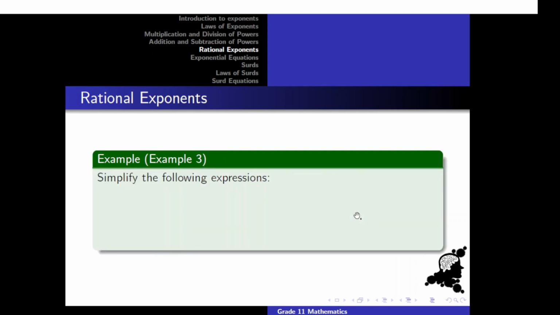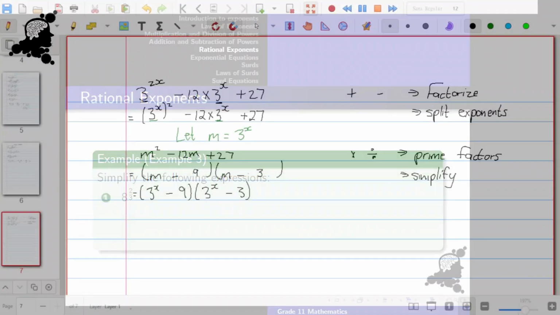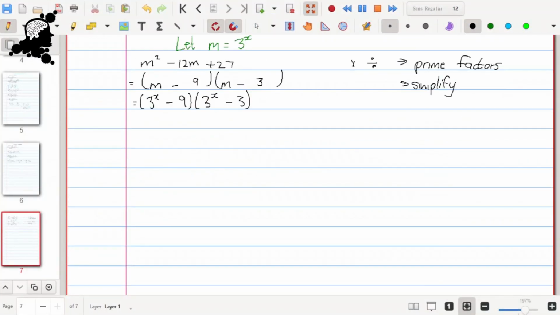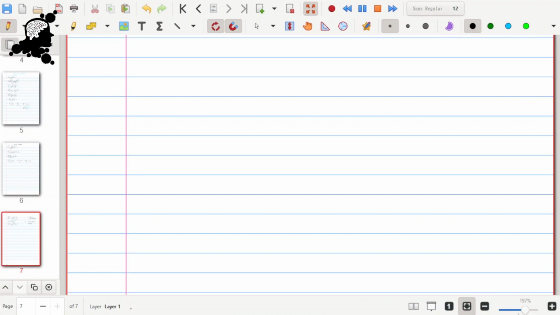So let's look at some examples of how we would go about working with rational exponents. We are asked to simplify 8 to the power 2 over 3. So let's have a look at this. Let me scroll down. Now the first thing that you need to keep in mind here is that you must write your base as a prime number.